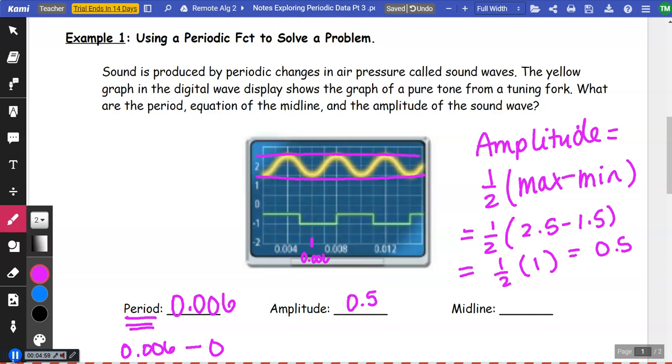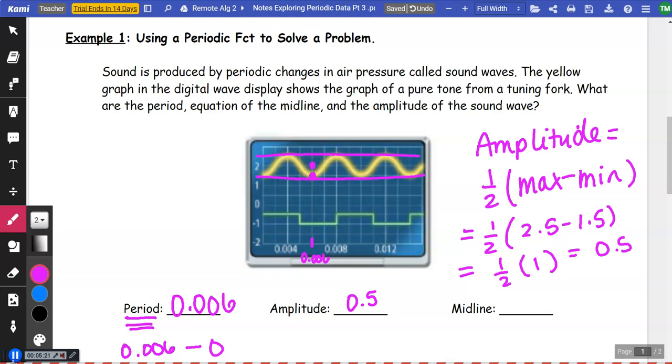To find the equation of the midline, we need to move up 0.5 from our minimum or down 0.5 from our maximum. If I start at my minimum and I go up 0.5, I'm going to be at 2. If I go down from 2.5, I'm going to be at 2 as well.